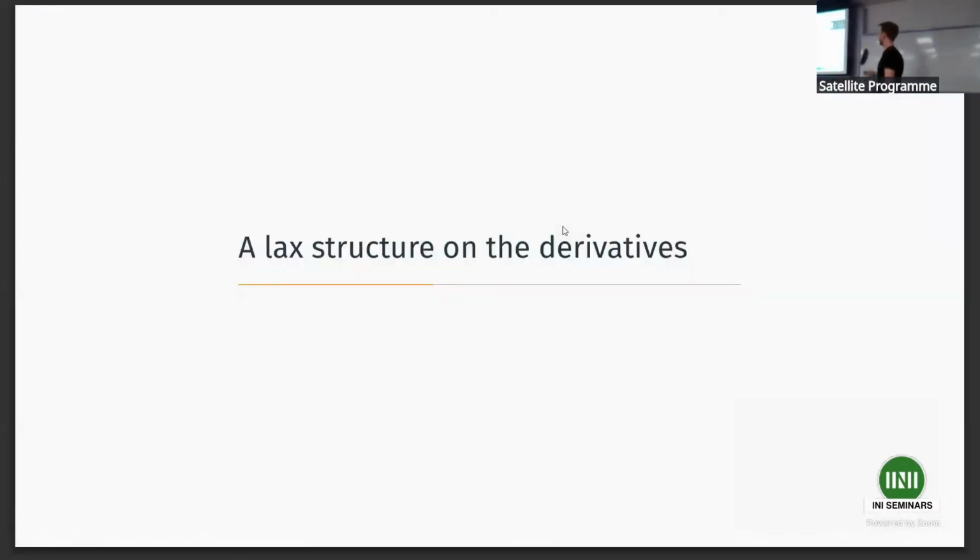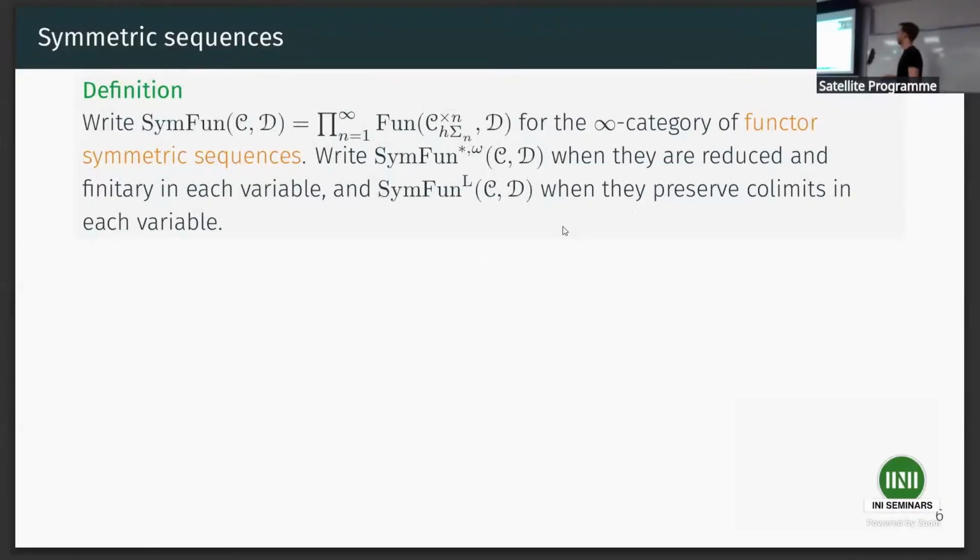I will start by describing what I like to call a lax structure on the derivatives. Because the Faà di Bruno formula involves different types of derivatives, it's good to have some large category that contains all the derivatives of a functor.